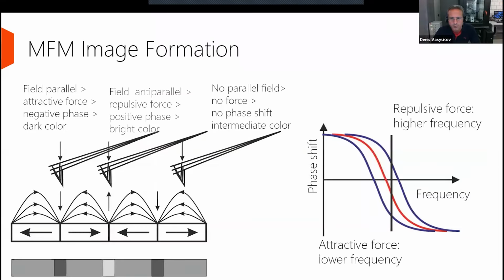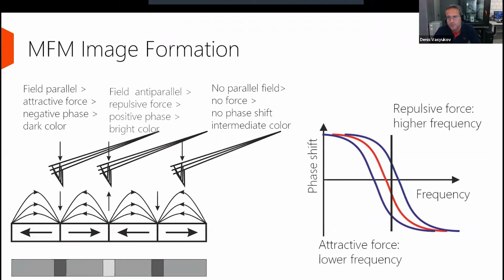I'm going to show this slide again. Essentially, if you have an attractive force, then the frequency shift is negative. So the frequency of the cantilever is lower, and the phase is also lower. That displays as a dark color in our scanning software.